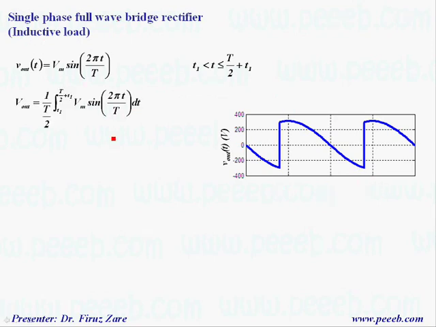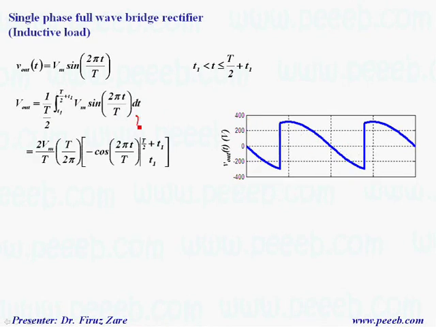So based on this simple equation, we can find the average voltage over this period, which is basically finding this area. That means the lower limit of the integral is T1, which is this time, and the upper limit of the integral is T over 2 plus T1, which defines this time.